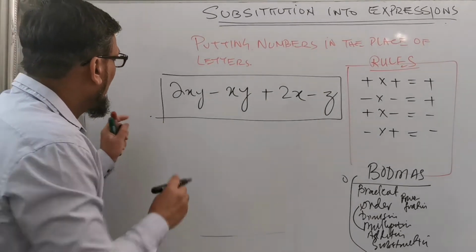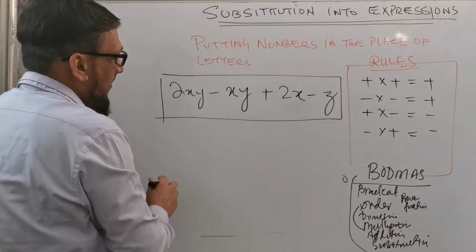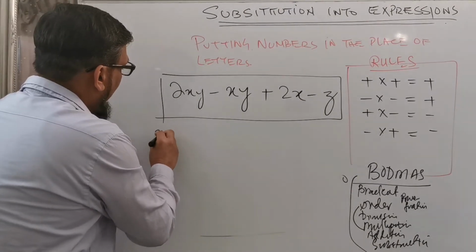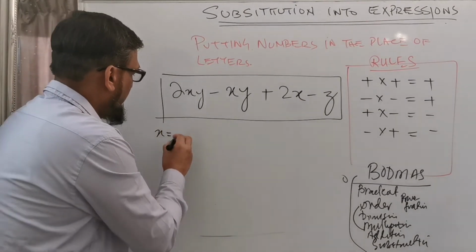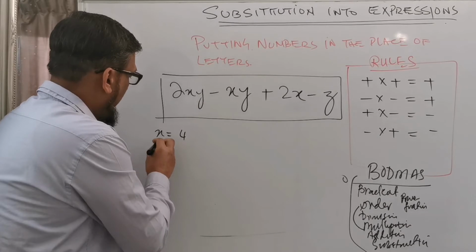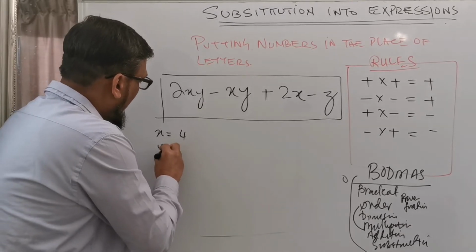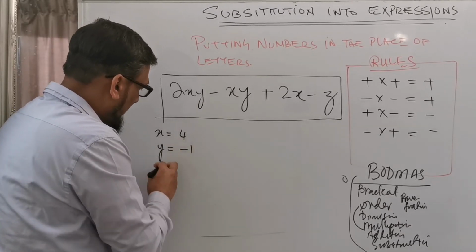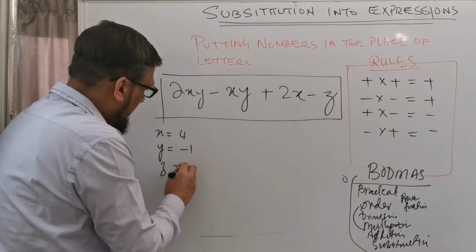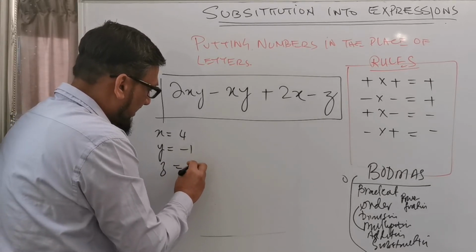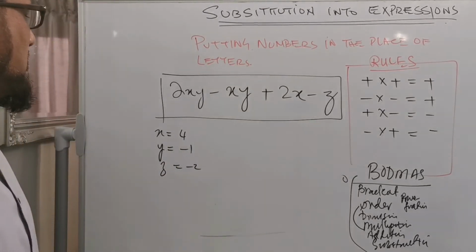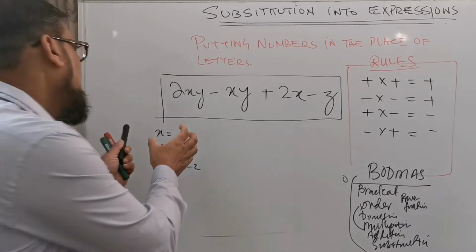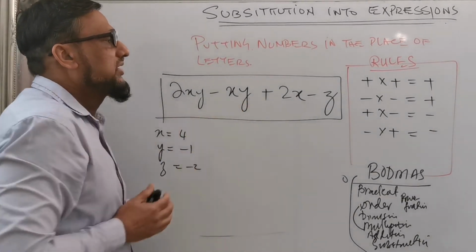And the values given for substitution: x equals 4, y equals minus 1, and z equals minus 2. So we need to substitute these values into this expression.